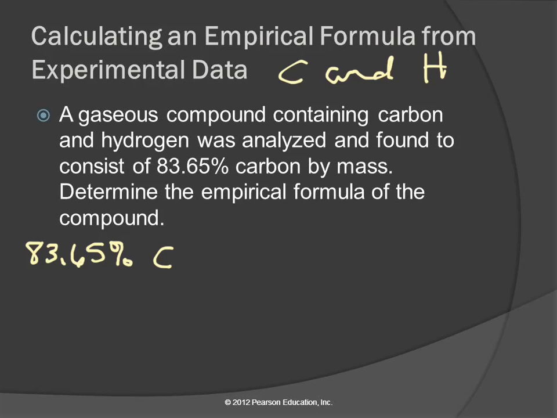So we just say, well, just say we have 100 grams, and then that's going to be 83.65 grams of carbon. How can we figure out the mass of the hydrogen? Subtract it from 100. Okay, if 83% is carbon, the rest of the 100% must be hydrogen.